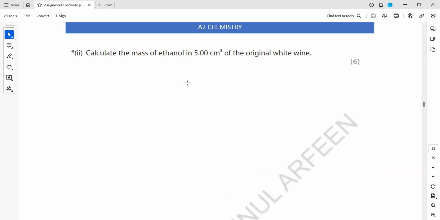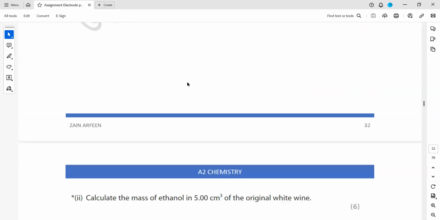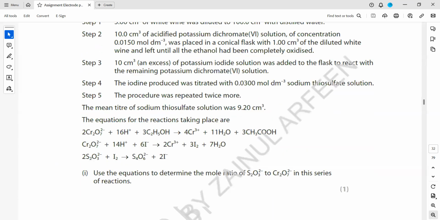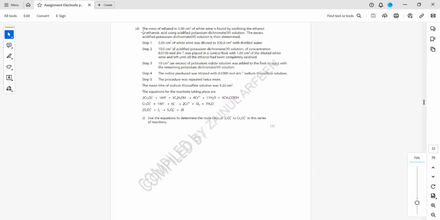Calculate the mass of ethanol in 5 cm³ of original white wine. So we have to use this series of reactions to work out the original amount. This is always done in a reverse manner.